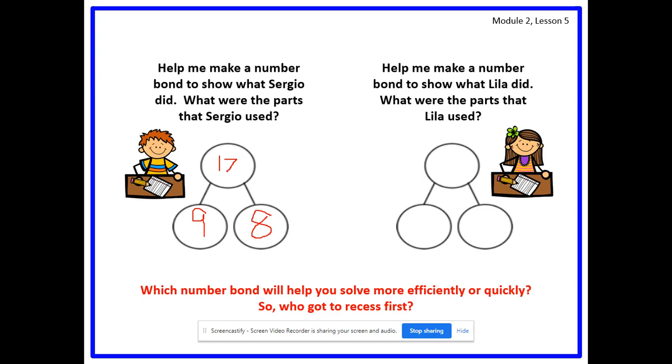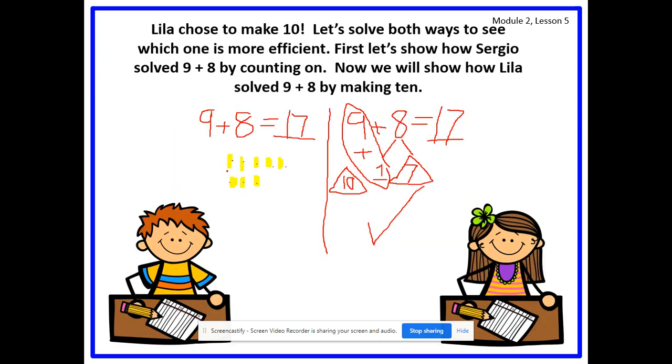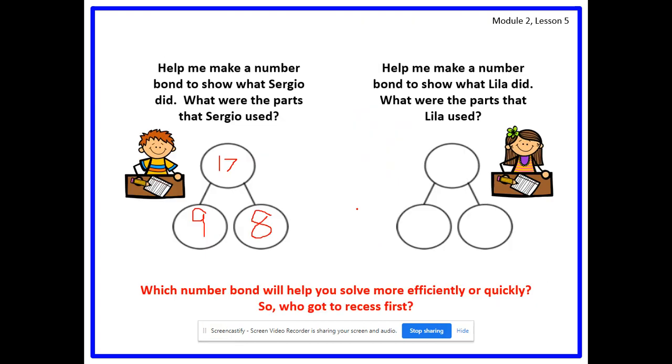What were the parts that Lila used? Do you see both triangles? What are those parts, boys and girls? Get ready. Yes, 10 and 7, which gave Lila 17 as well.